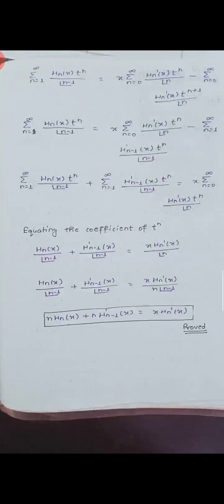This can be written as n Hn(x) + n H(n-1)'(x) = x Hn'(x). Now the next recurrence formula is: prove that 2x Hn(x) = 2n H(n-1)(x) + H(n+1)(x).